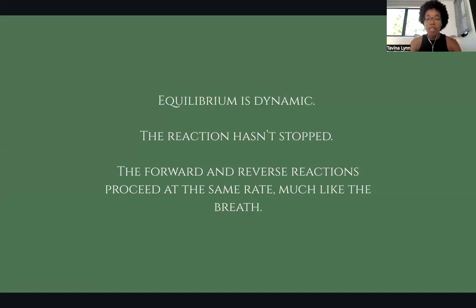If we think about it with the breath, it's basically like we're inhaling 1, 2, 3, 4, out, 2, 3, 4. That rate is the same. We're inhaling to the same rhythm, the same cadence as we're exhaling. And so that's what's happening with our chemical reactions at equilibrium. Their rates of going from reactant to product, and product back to reactant, are the same.